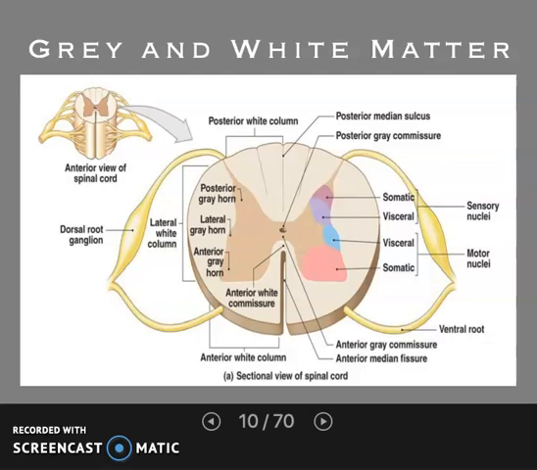Remember, viscera has to do with organs. Somatic has to do with the rest of the body. So in the somatic ventral horn, I have motor neuron tracts that innervate the skeletal muscles. The visceral tracts in the ventral horn are made up of axon projections from the autonomic nervous system that innervate your guts, right?